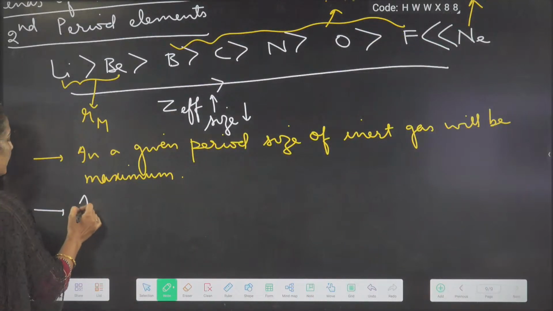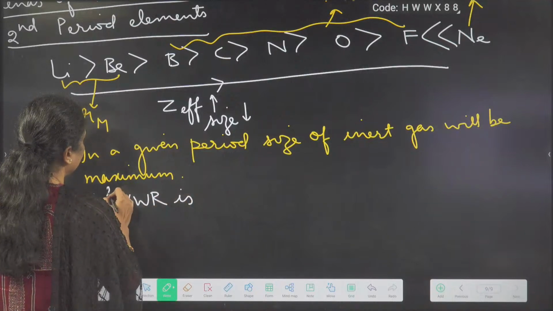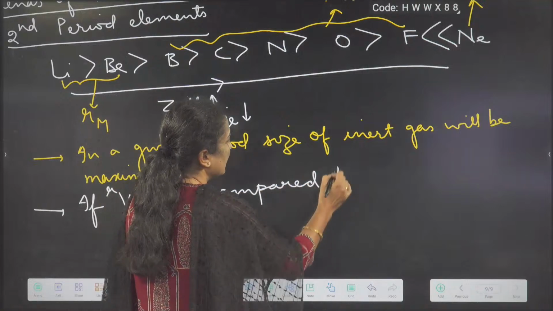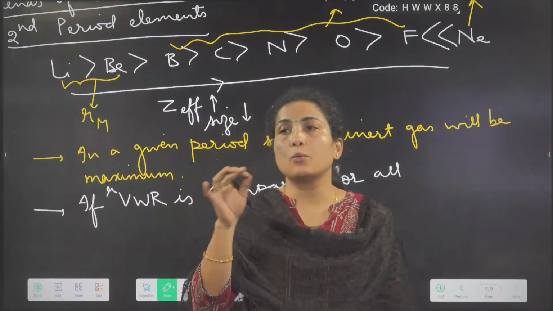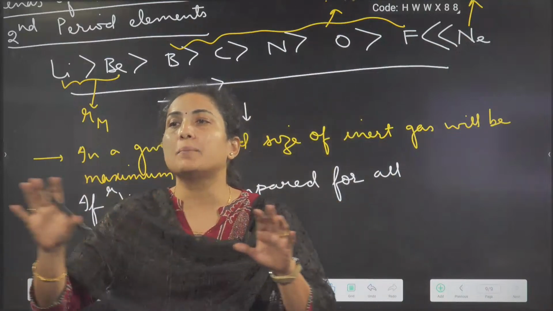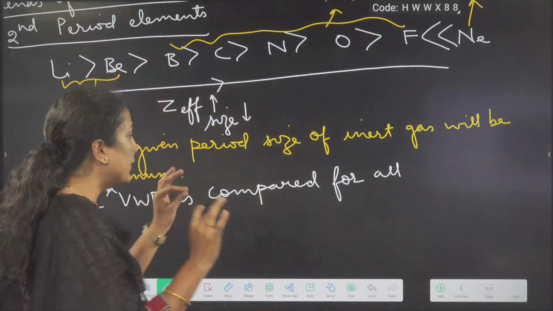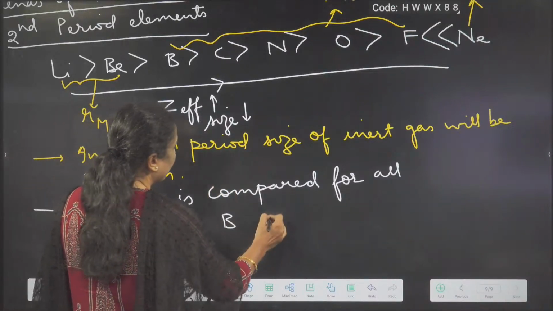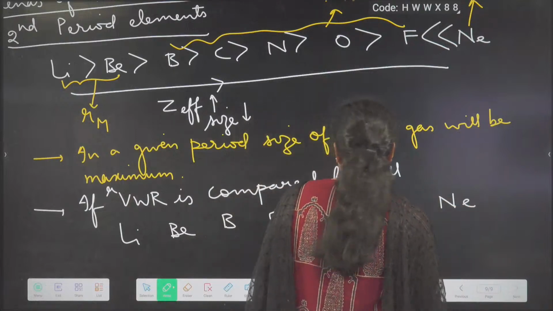Now I am writing here, if van der Waals radius is compared for all, if the examiner specifically asks what is the van der Waals radius order for the second period elements, then uniformly you are taking van der Waals radius for all of them. So in that case, the normal trend will be there. That is lithium, beryllium, boron, carbon, nitrogen, oxygen, fluorine, and then neon.